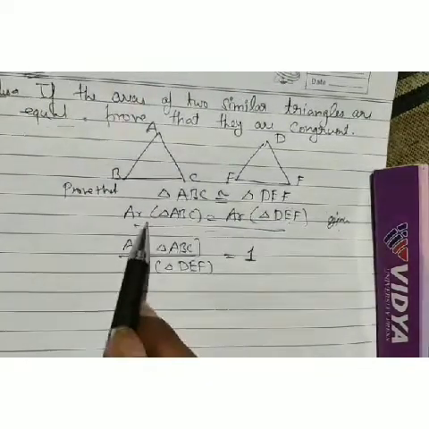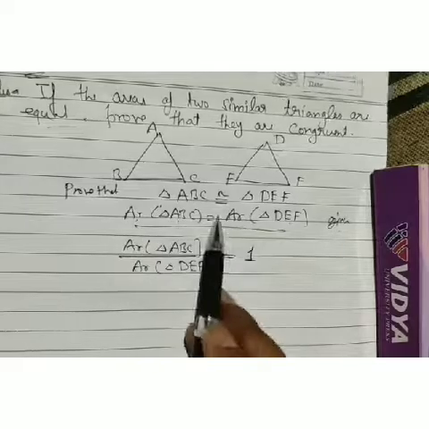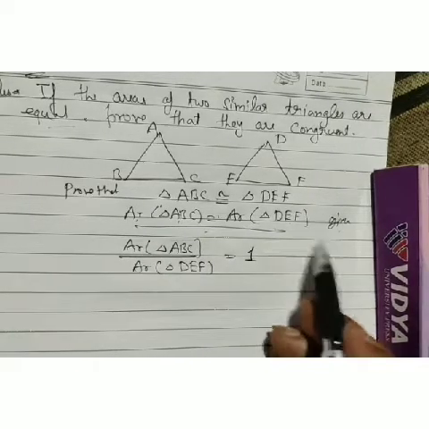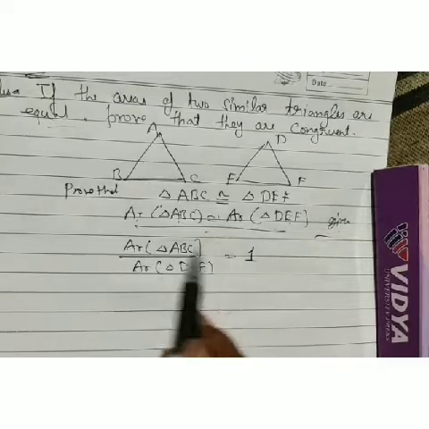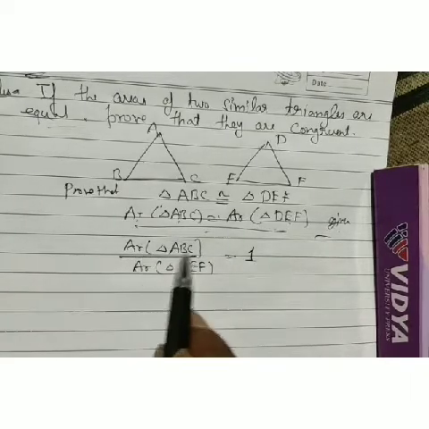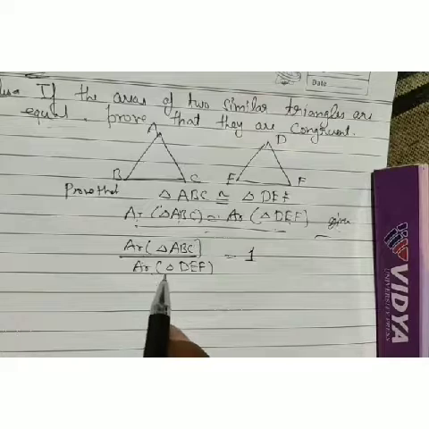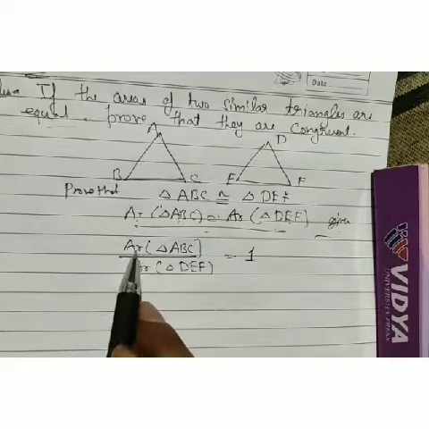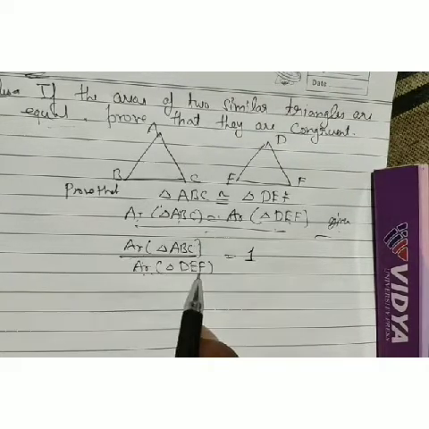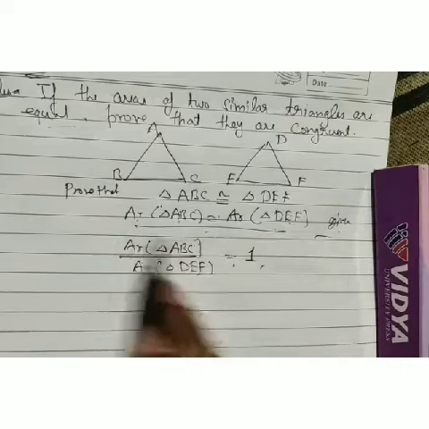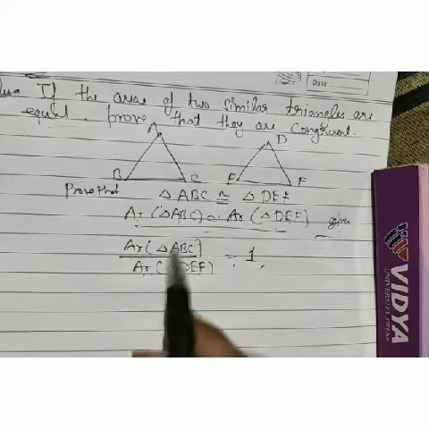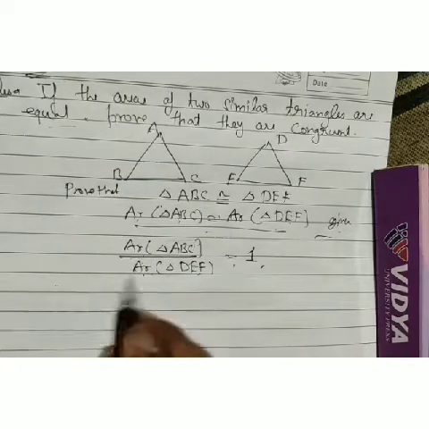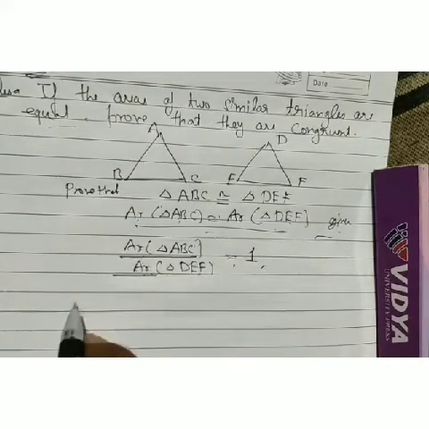But we know this ratio is equal to the ratio of the squares of their corresponding sides. Then we change this using our area theorem statement.